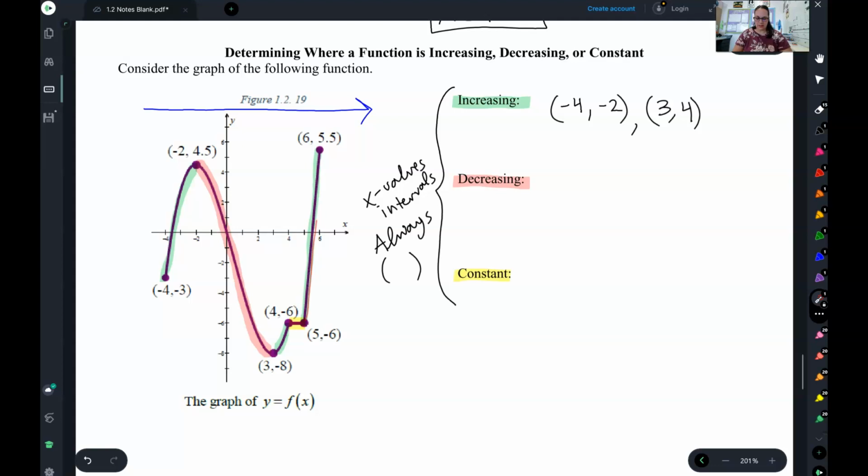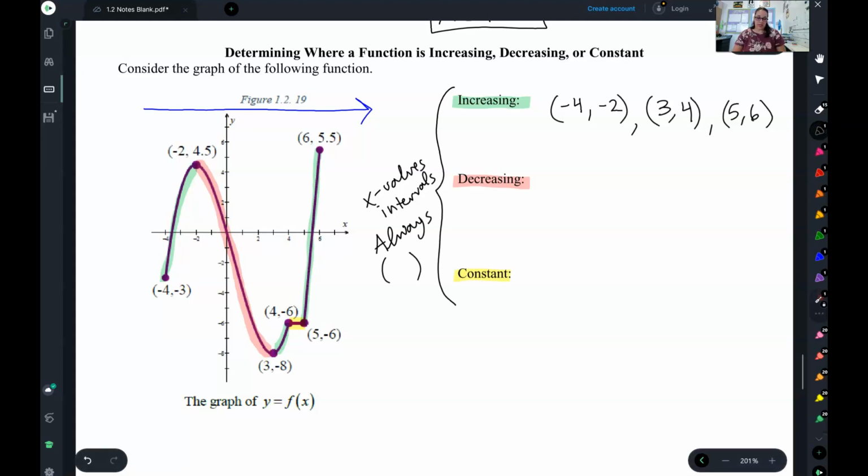My last increasing section is here. From this point to this point, use our x values. So from 5 to 6. Always use parentheses. And I just did commas to separate each of my intervals.